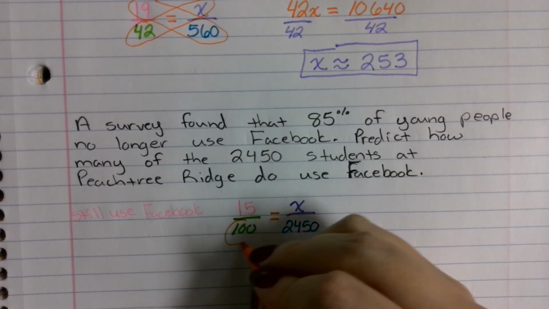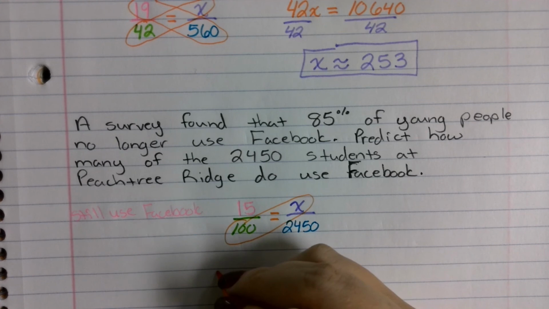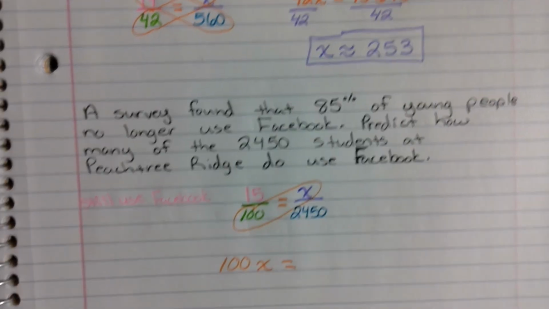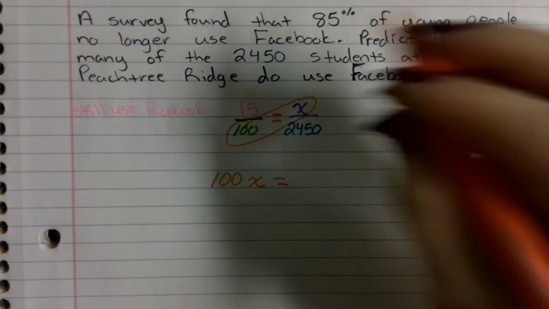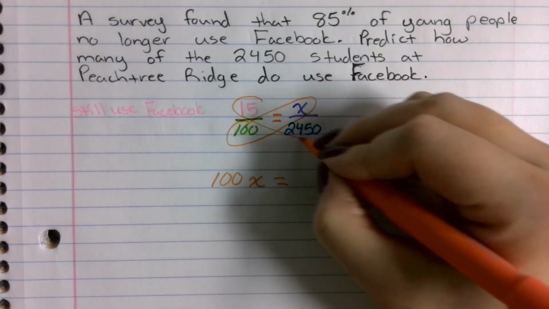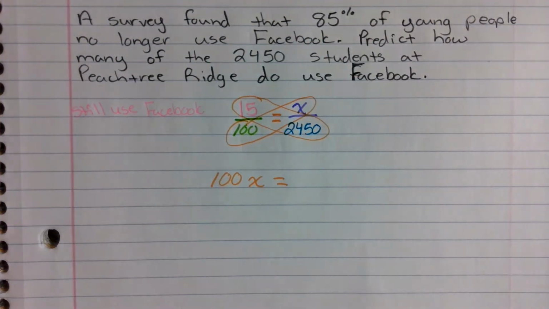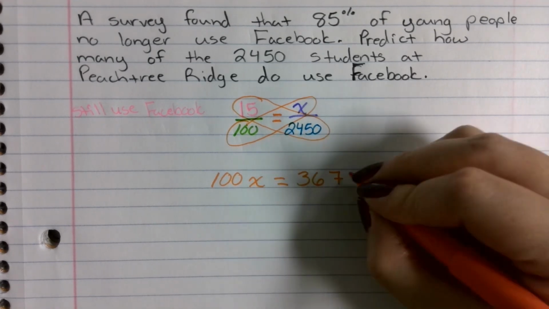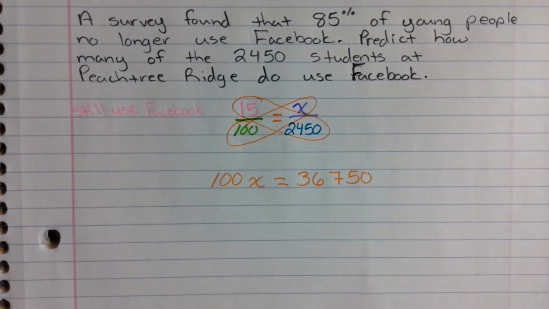So I'm going to do 100 times x, which is going to give me 100x. Then we're going to do the 15 times 2,450, and that's going to give us 36,750.